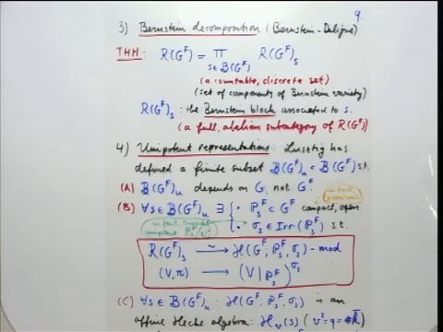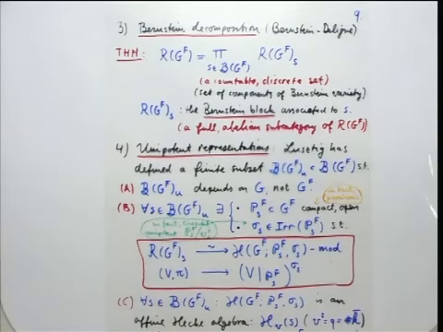I am not going into any detail here, but there exists a natural decomposition of the category of smooth representations of GF as a product over the so-called Bernstein blocks. It's a countable, usually countable product. And the set of parameters, the index set of these blocks, is the set of components of the Bernstein variety.